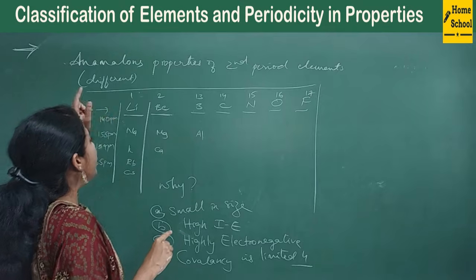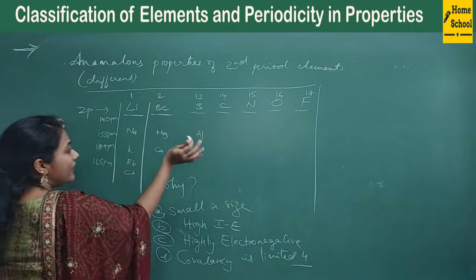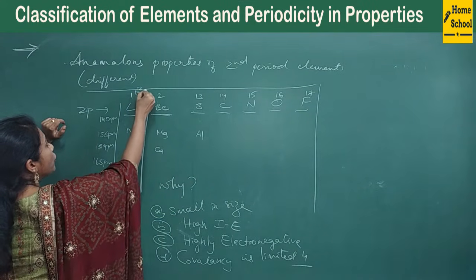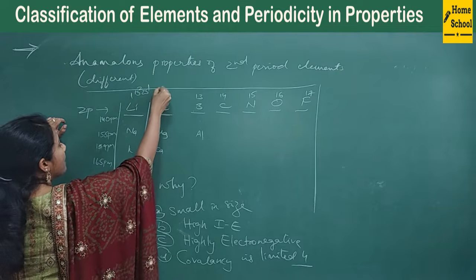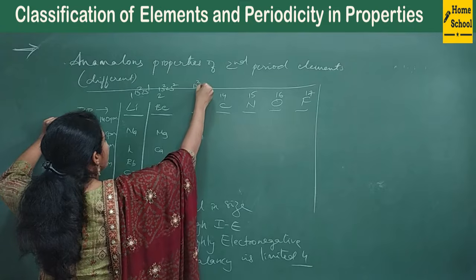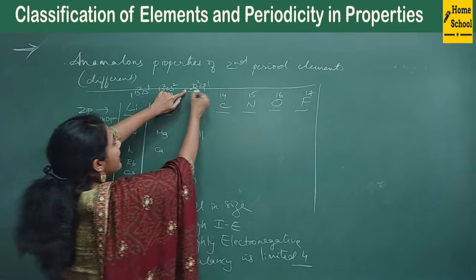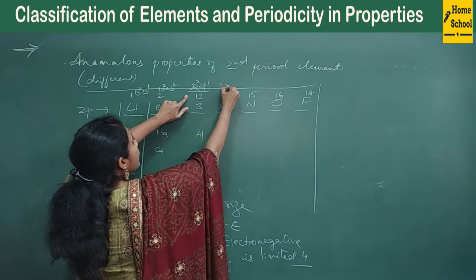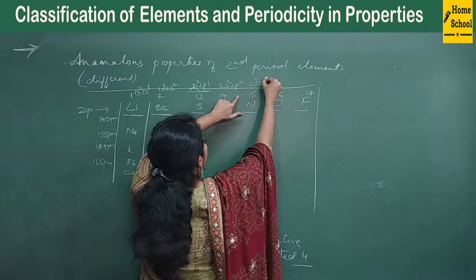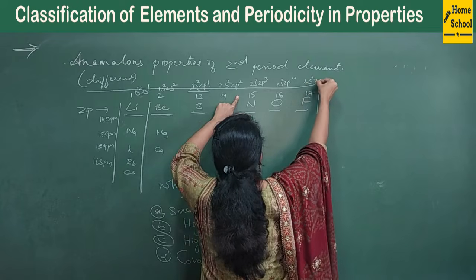You see guys, if you write their electronic configuration, one common thing you can observe: lithium 1s2 2s1, beryllium 1s2 2s2, boron 1s2 2s2 2p1, right? I'm writing the last electronic configuration. Here 2s2 2p2, here 2s2 2p3, here 2s2 2p4, 2s2 2p5, right?